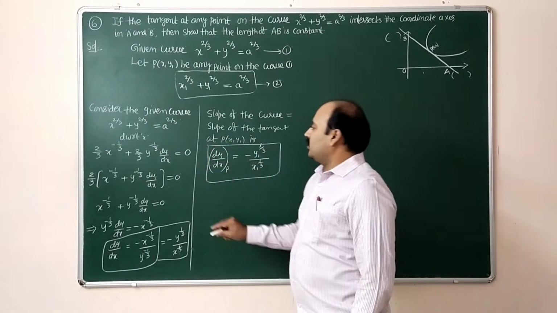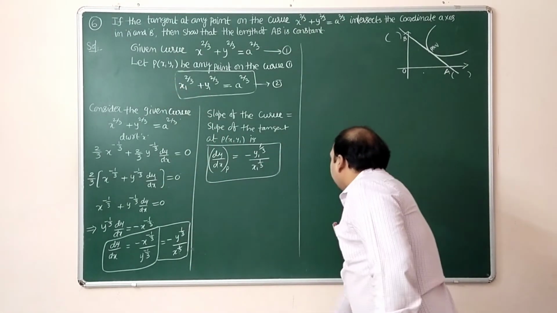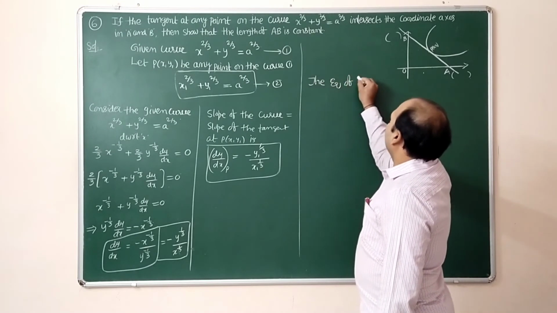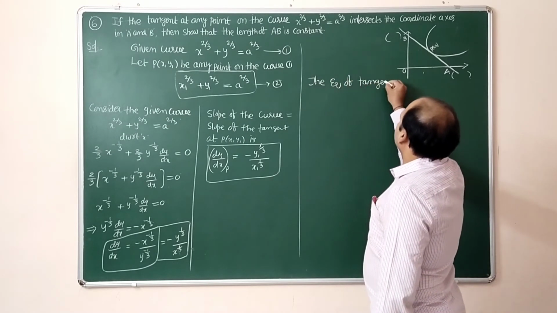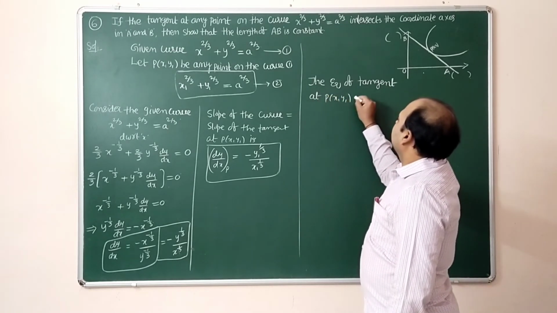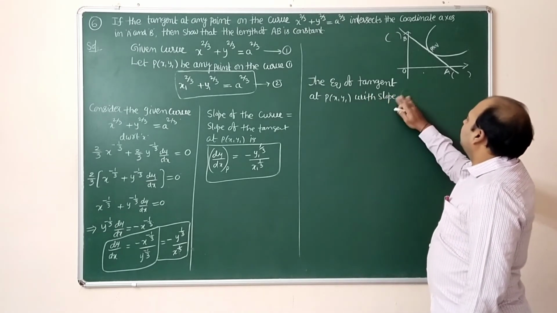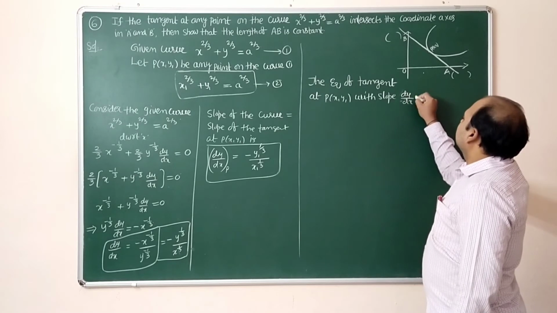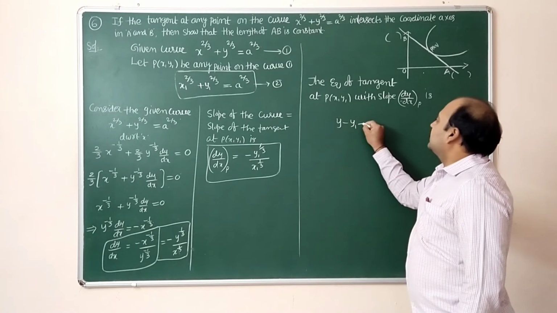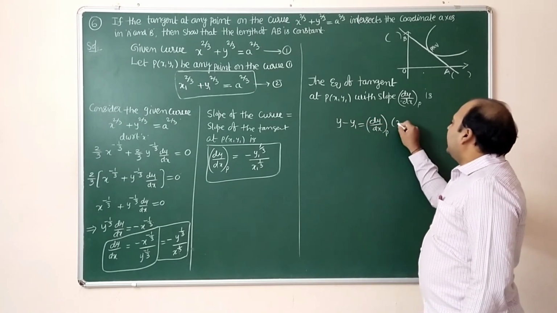This is the slope. The slope we know, the point also we know, so we can calculate the equation of the tangent. The equation of the tangent at P of x1 y1 with slope dy by dx is, the right formula, y minus y1 equal to dy by dx at P into x minus x1.